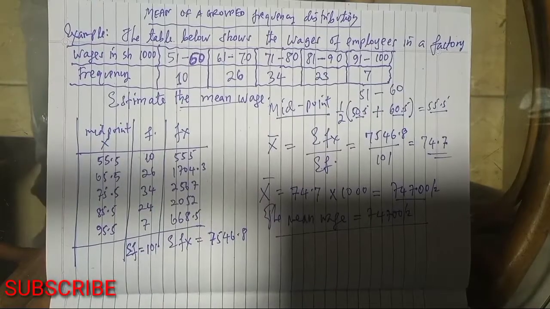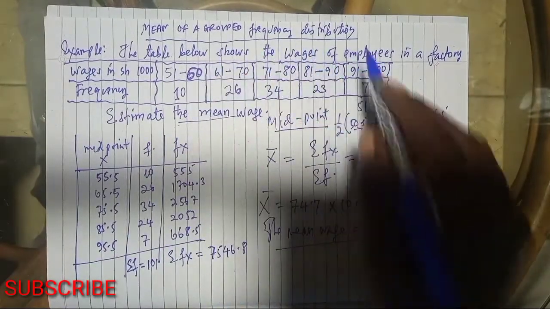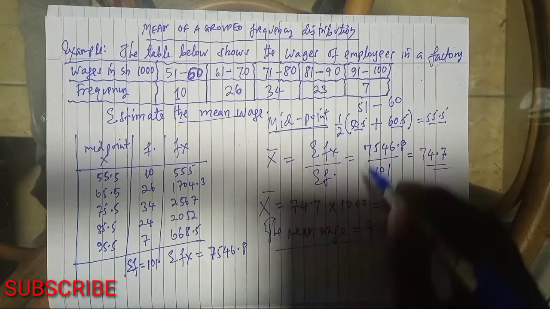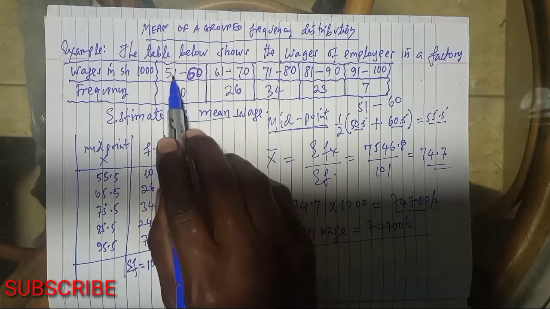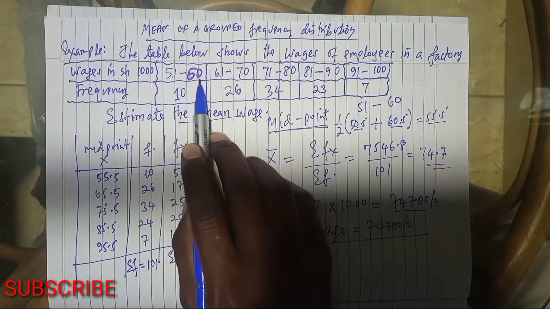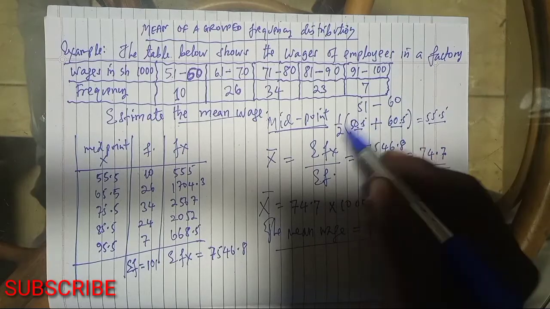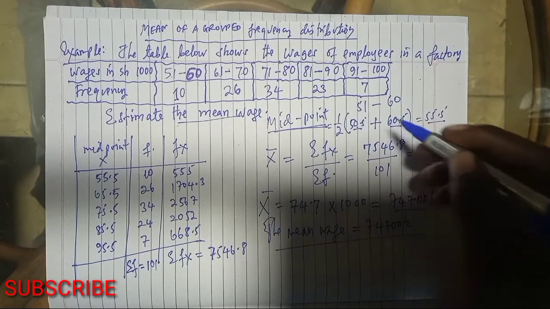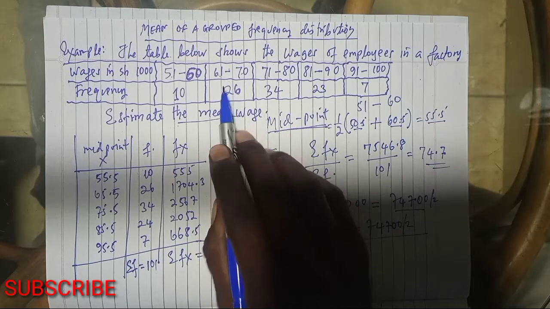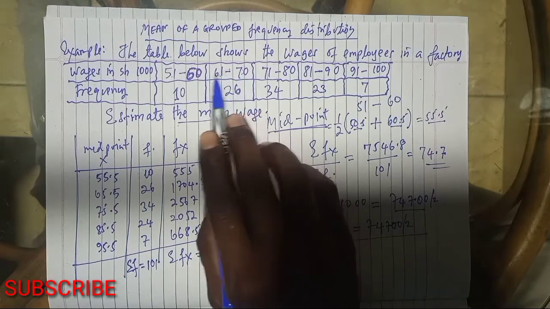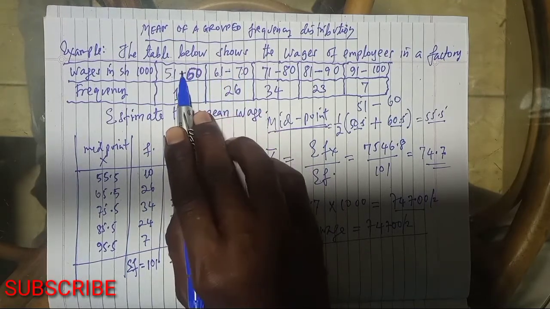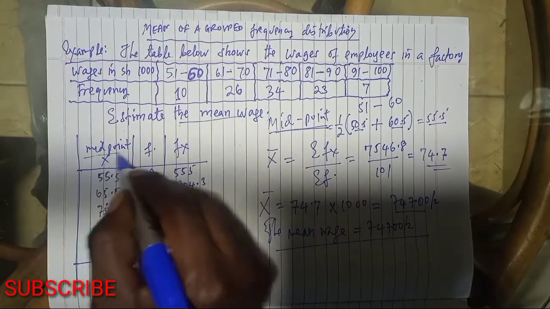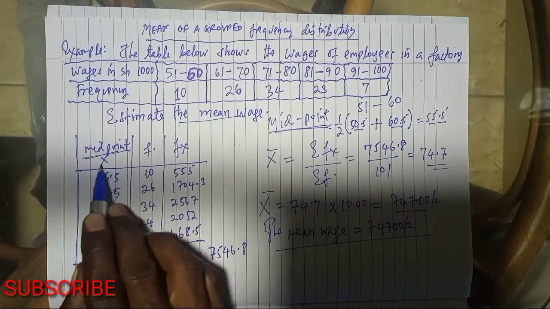So to calculate the mean for a grouped frequency distribution table, first you have to find the midpoints. The midpoint is obtained by taking the lower class boundary plus the upper class boundary, divided by 2, that is half times the sum of the upper and lower class boundaries. This midpoint represents x.